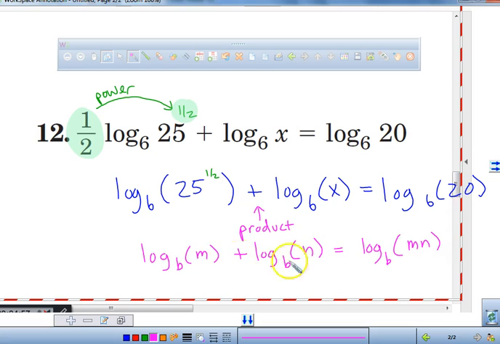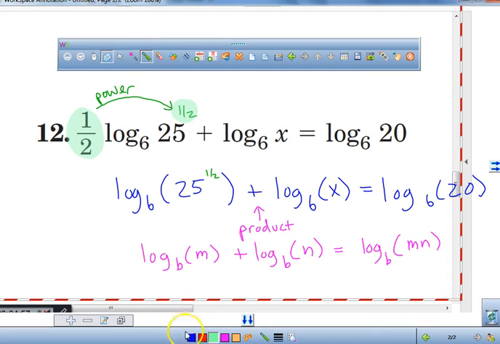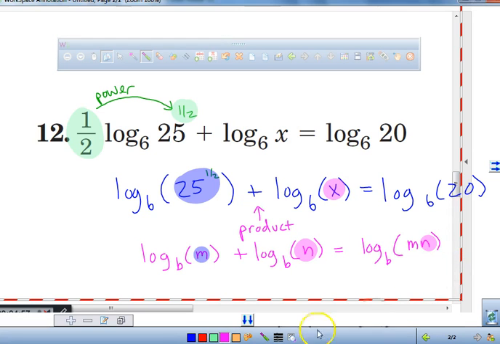This log plus this log is going to equal a logarithm where the m value and the n value are being multiplied together. So I'm going to highlight in blue this part and in purple that part. Blue. There we go.